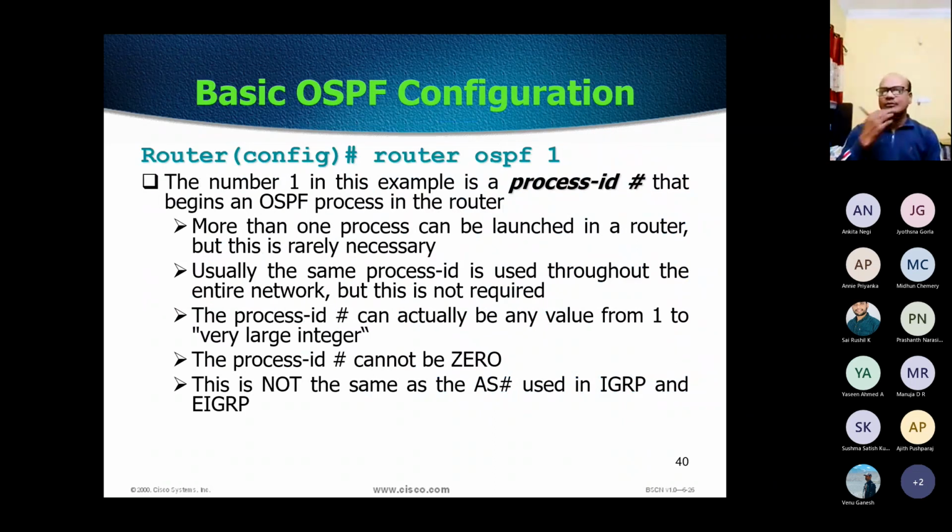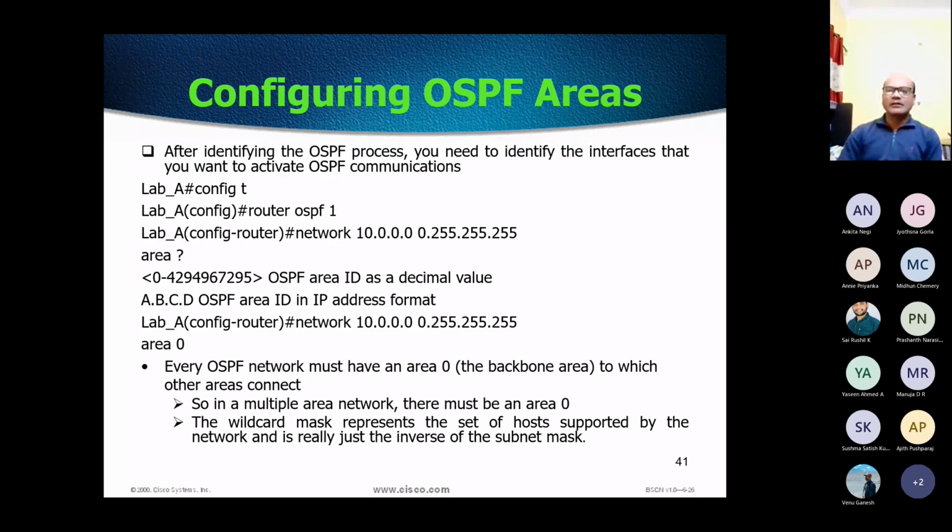The configuration here is the same as how we configure EIGRP, the same for OSPF values. Here also it ranges from 0 to 65,535. Here we'll not call it your AS number; we'll call it your process ID. And they are not the same.